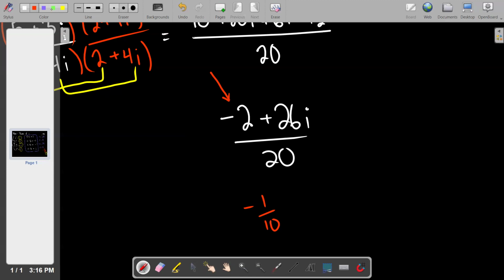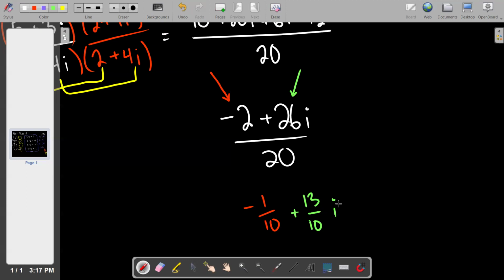The second one is going to come from the green right here, and that's going to be plus 13/10i. And what's beautiful about that is now that is in perfect standard complex form, a plus bi. -1/10 is our real part, 13/10 is our imaginary coefficient. It's perfect, it's gorgeous, and it's done.